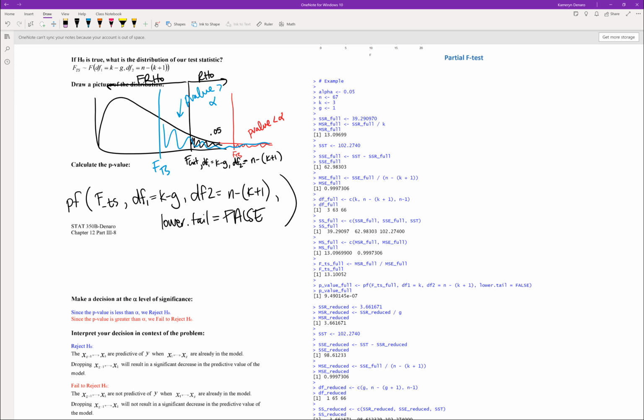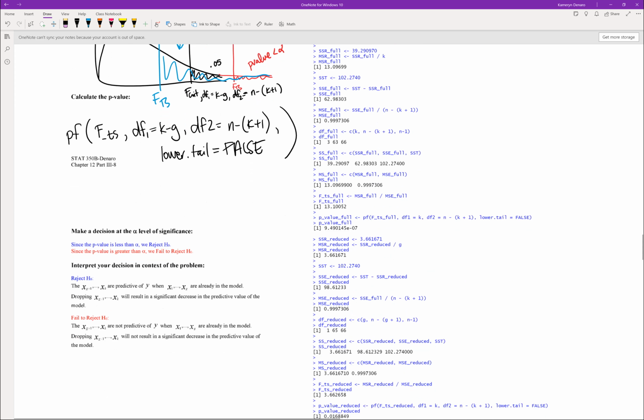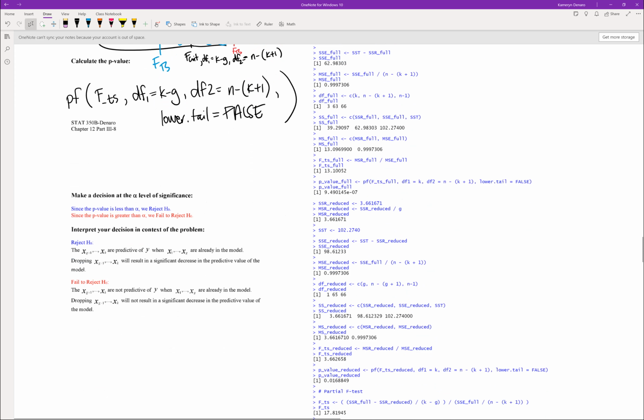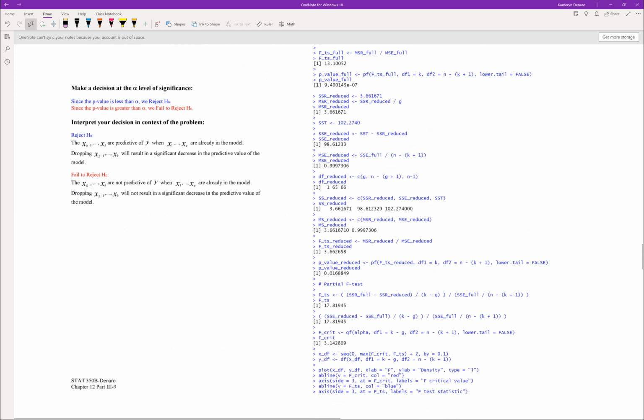We can get the sum of squares regression of the full model, the mean squares of regression of the full model, and we have the sum of squares total. From there, we can also get the sum of squares error of the full model. Walking through this, we can get all the values for each of the ANOVA tables, and in a future video we're going to fill these all in.